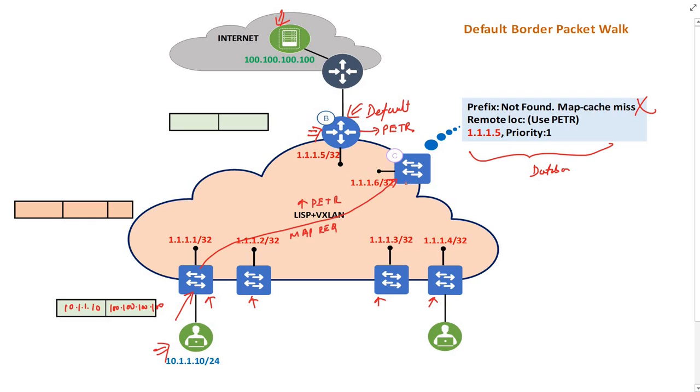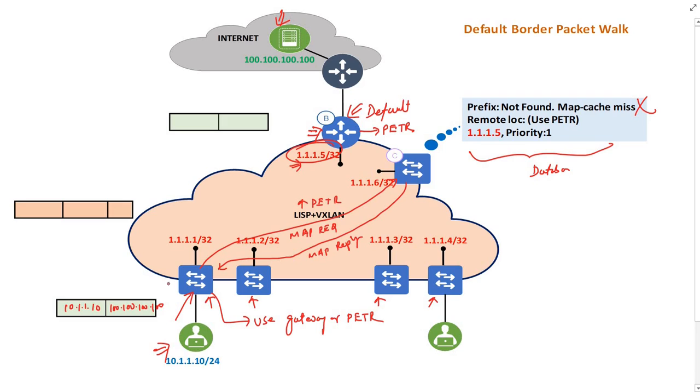Control plane node replies with map reply message, which indicates that it couldn't find a remote location associated with address 100.100.100.100 and edge node needs to use gateway of last resort or proxy egress tunnel router. In this case, the gateway of last resort or PETR is the default router with remote location 1.1.1.5.